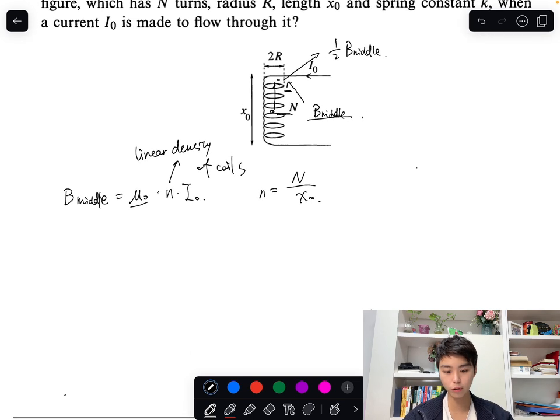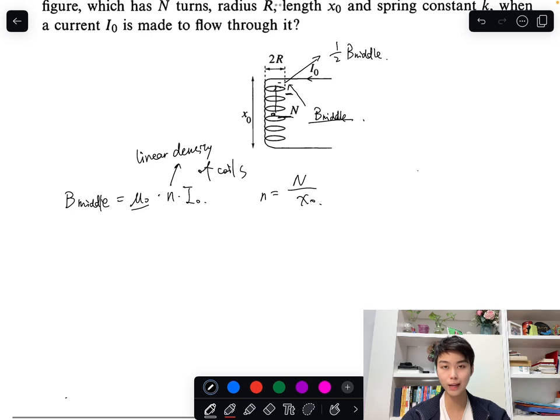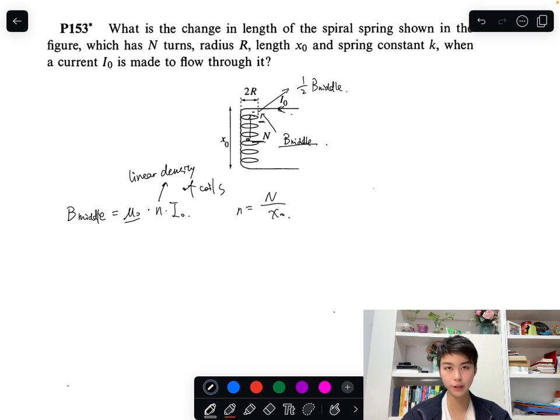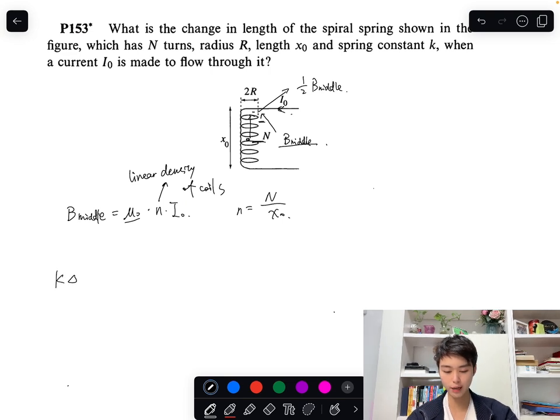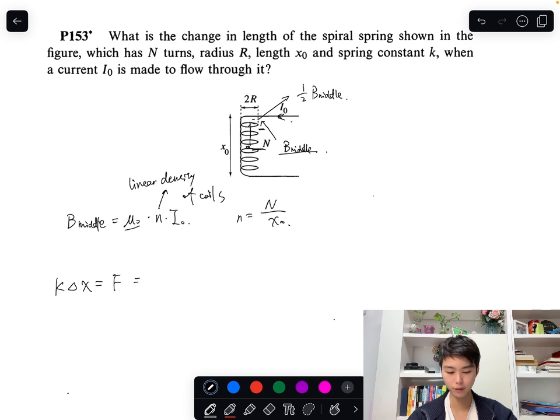And now we are going to figure out the additional energy, because we would like to know how much energy is added because of I0, and it will make the spring longer. We can know that because k delta x equals F, and this F equals dW over dx.